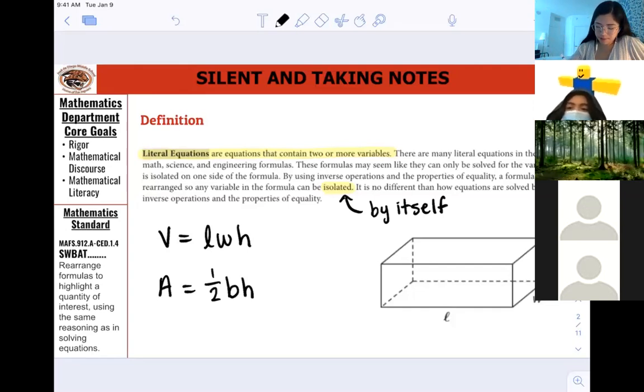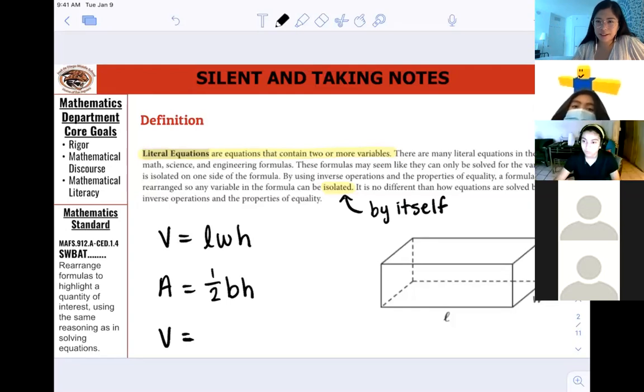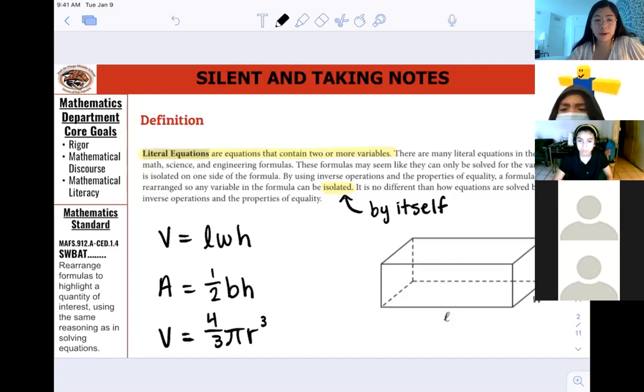Alyssa gave us the volume of a sphere. Is that what that is? Or is it the volume of a cone? I don't remember. Okay, so that one is V equals 4/3 pi r to the power of 3. Looks confusing, but at the end of the day, that's a literal equation because it has more than one variable. The only thing you have to remember is that a literal equation has 2 or more variables.